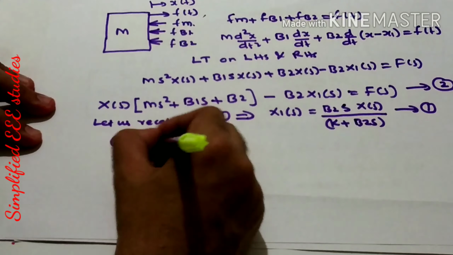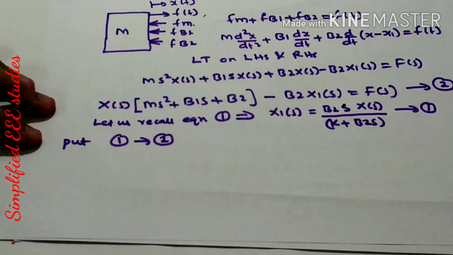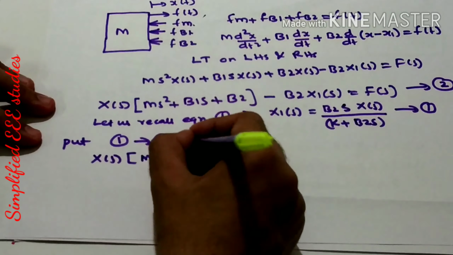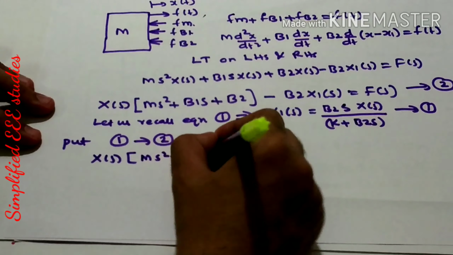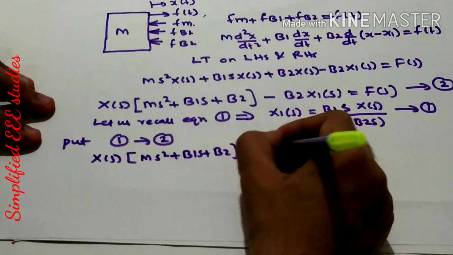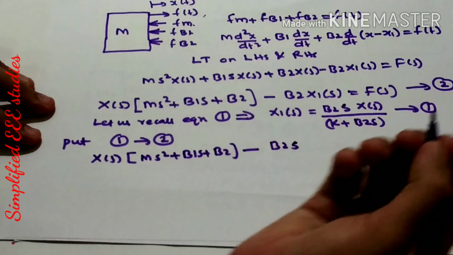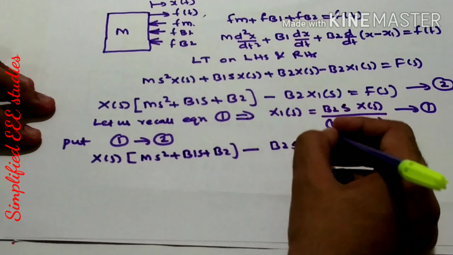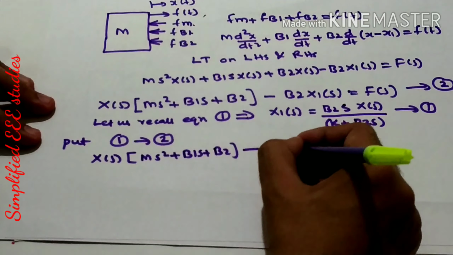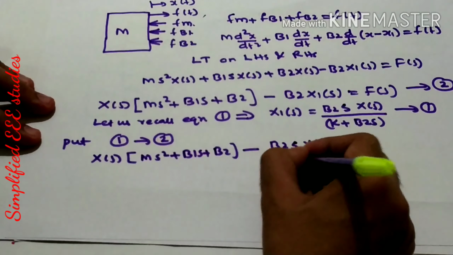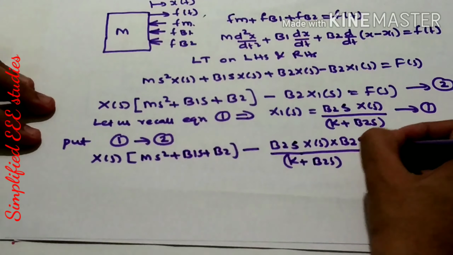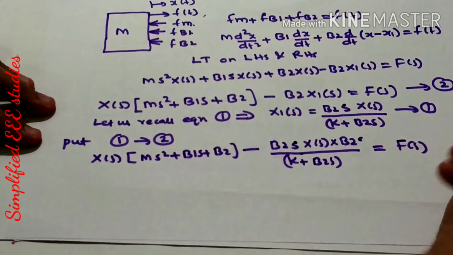Put 1 in 2. You can substitute 1 in 2. Then what is going to happen? X of s into m into s square plus b1s plus b2 minus b2 into b2s into x of s, whole divided by k plus b2s, equal to f of s.